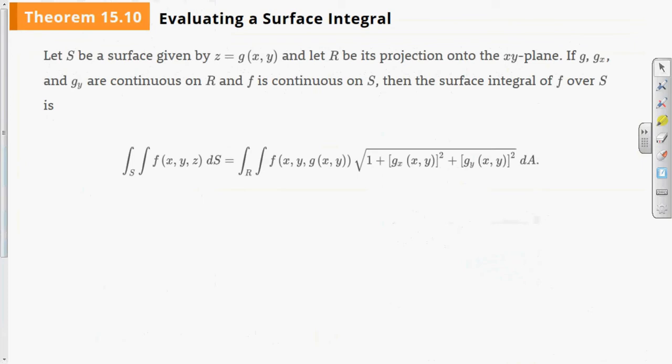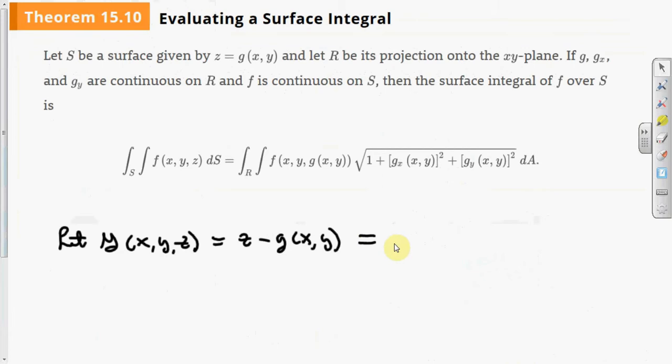So I'm going to show you that this radical shows up all the way through this section, and I have a neat way of getting it, and the way I write it is this. Let capital G, call it G of x, y, z if you want to be formal, equal z minus little g of x, y.